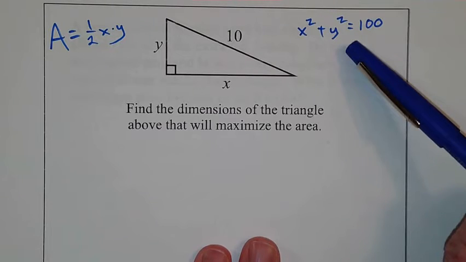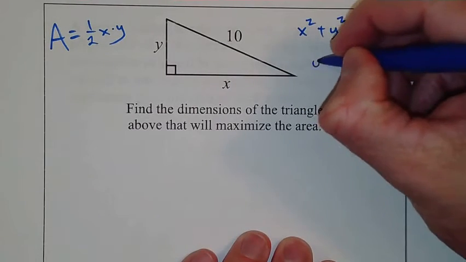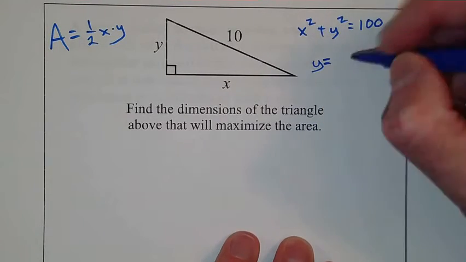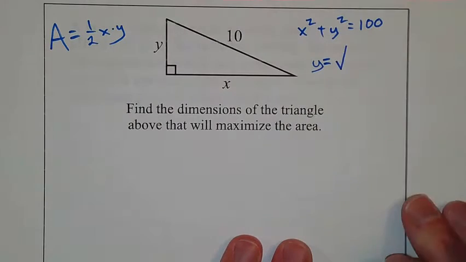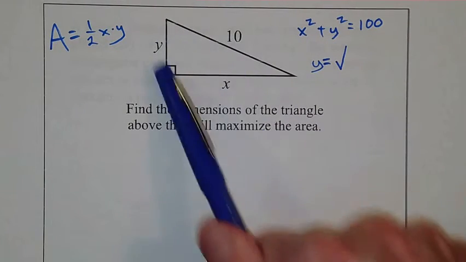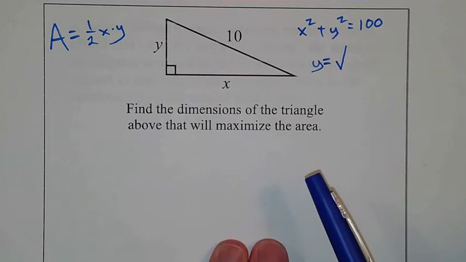Wonderful. I'll solve this equation for y in terms of x or x in terms of y. Either way, it's not going to matter which one we do. I'm going to solve this for y in terms of x. Here again, technically, I should probably consider both the positive and negative square root, but then I realize I'm using lengths, and both of these quantities are going to be positive.